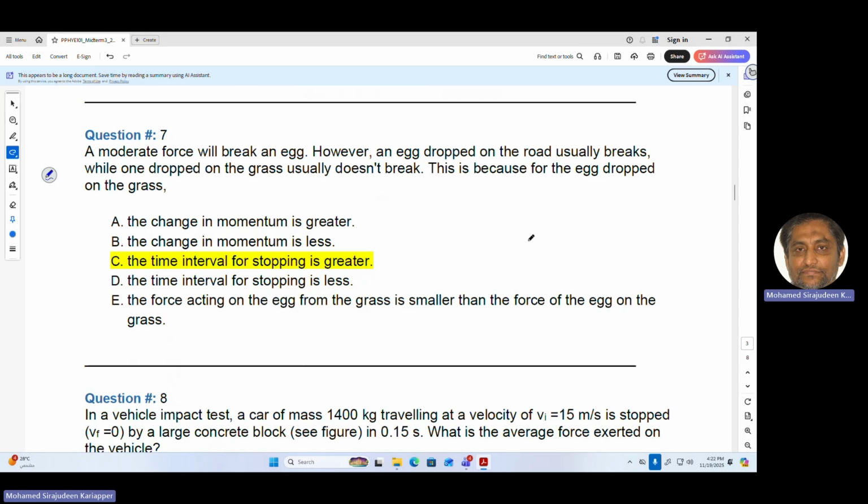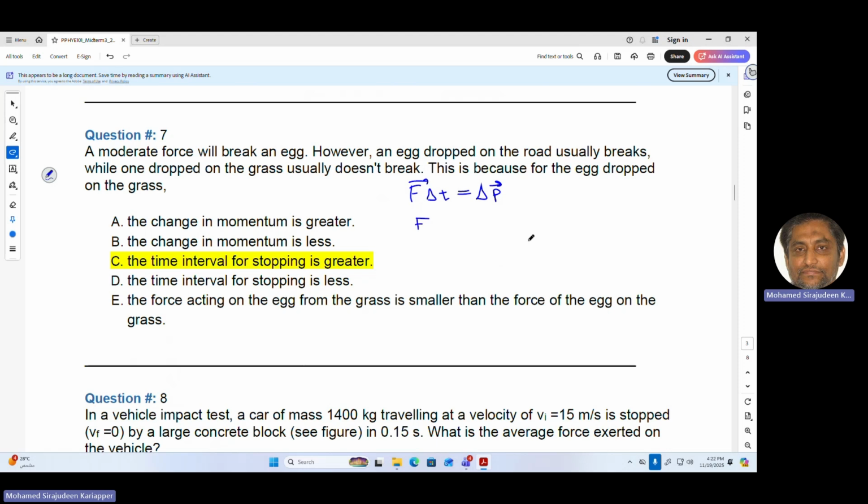Why? Can you explain it? What you learned is this. The impulse, the impulse momentum, the impulse is equal to the change in the momentum. The impulse that is experienced by that egg when it hits the surface and comes to zero velocity is proportional to the change in the momentum.